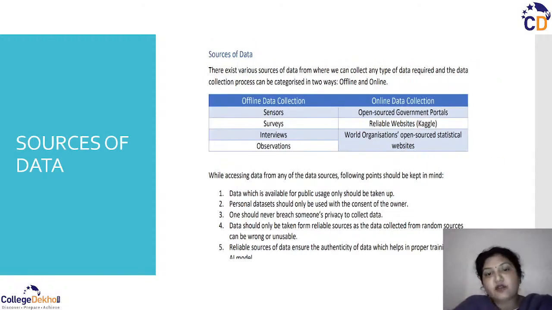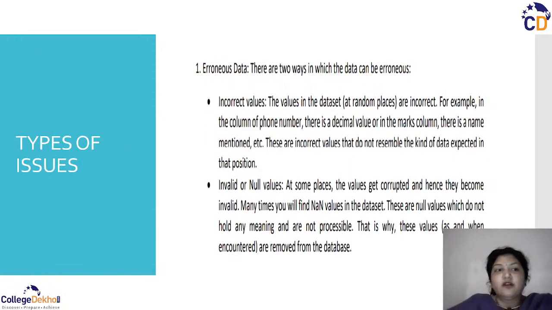Let us understand what the missing things are, what the issues related to data are. What are the types of issues? The first is erroneous data, right? Now in erroneous data we have 2 points. First is incorrect values. Suppose a phone number contains a decimal point. Is it possible? Obviously, the value in that field is incorrect. Then invalid or null values.